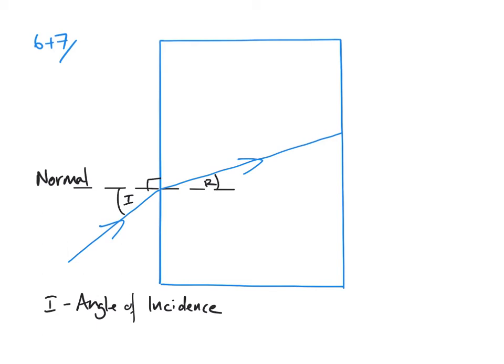The easiest way to remember that is that it's the angle it goes in. And notice these angles are measured between the ray and the normal, not between the ray and the block. Okay? So R is the angle of refraction.